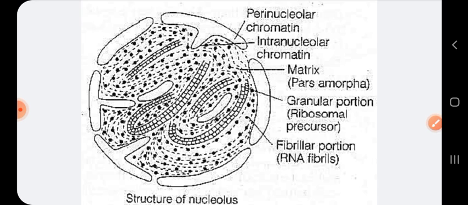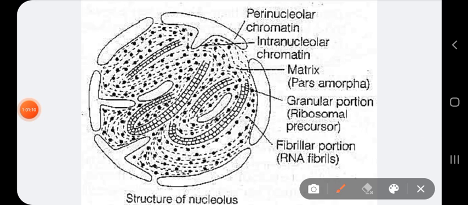These nucleoli are the sites for the biogenesis of the ribosomal proteins, as I have said a little bit ago. They are the sites for the biogenesis of the ribosomal subunits, which will form the ribosomes, the 40S and the 60S.